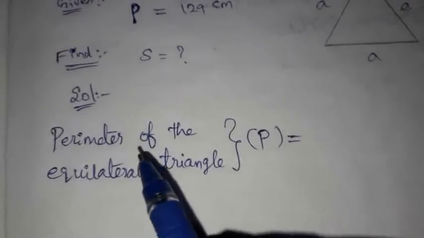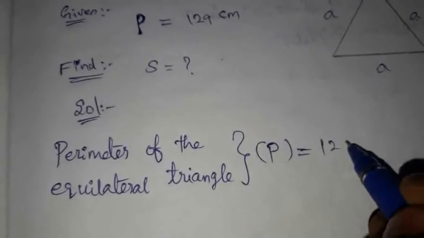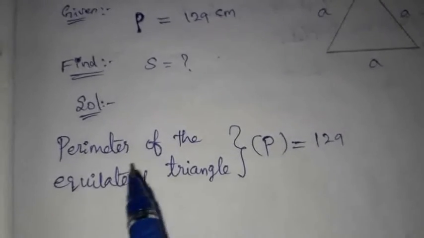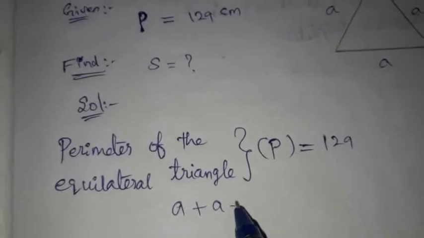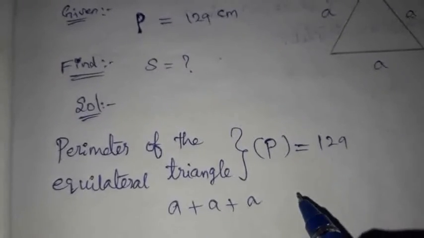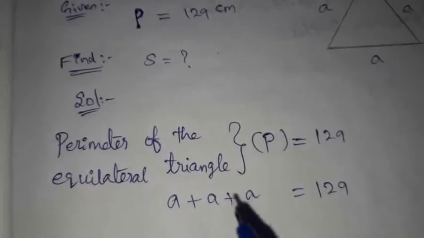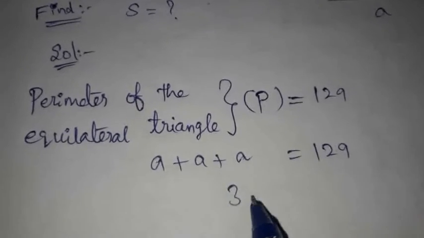We know the perimeter of the equilateral triangle, capital P, equal to 129 centimeter. The formula of the perimeter of equilateral triangle is A plus A plus A, because all sides are equal in an equilateral triangle. So A plus A plus A equal to 129. If you add these, you get 3A.